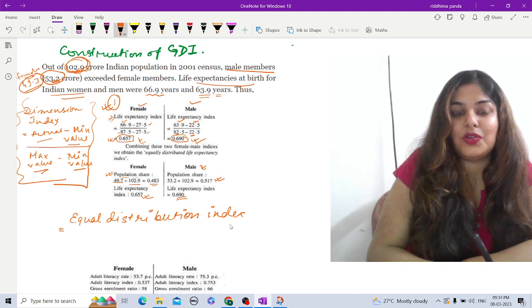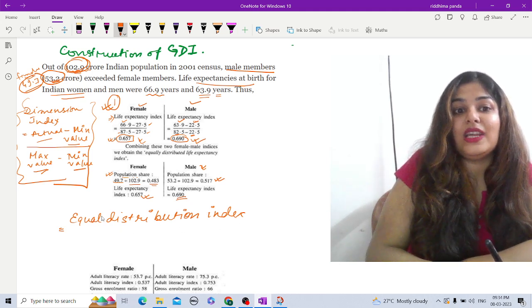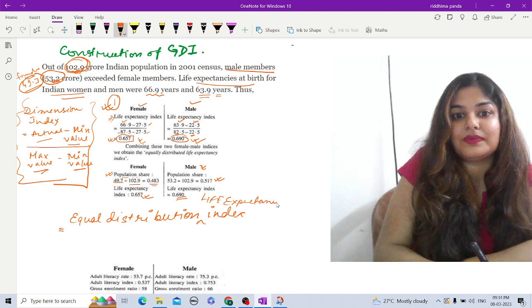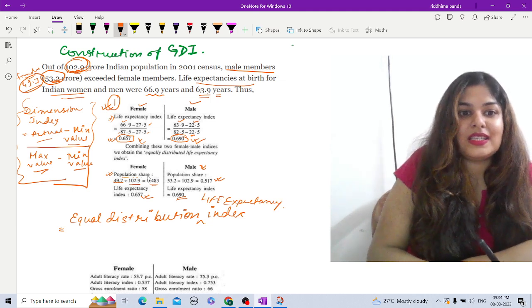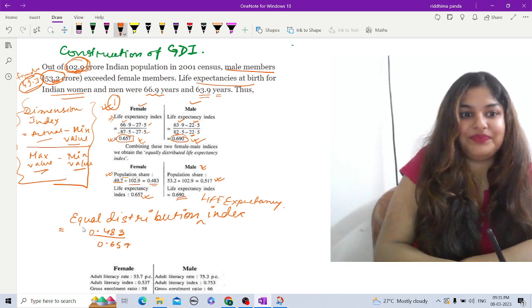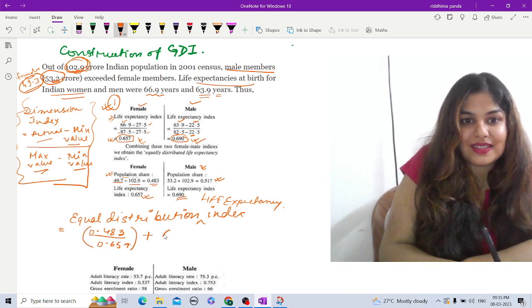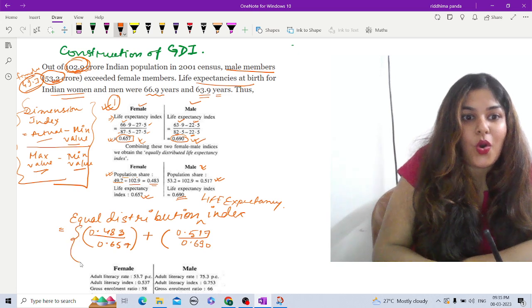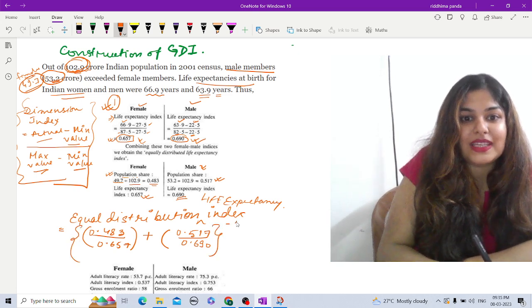Now the equal distribution index, here we are calculating the equal distribution life expectancy index. That is 0.483 divided by 0.657, plus 0.517 divided by 0.690, whole to the power minus 1.